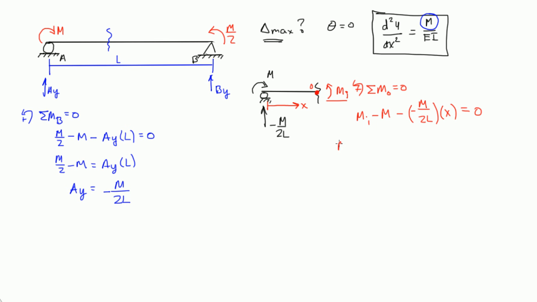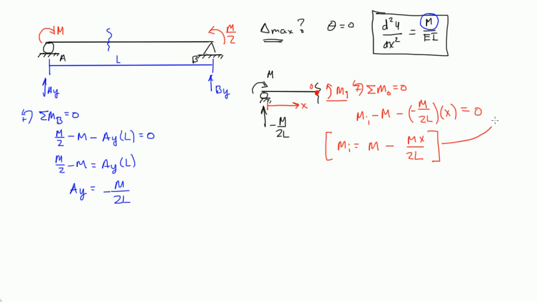If we solve for MI, we should get M minus Mx over 2L. Okay, so we figured out what our internal moment equation is.